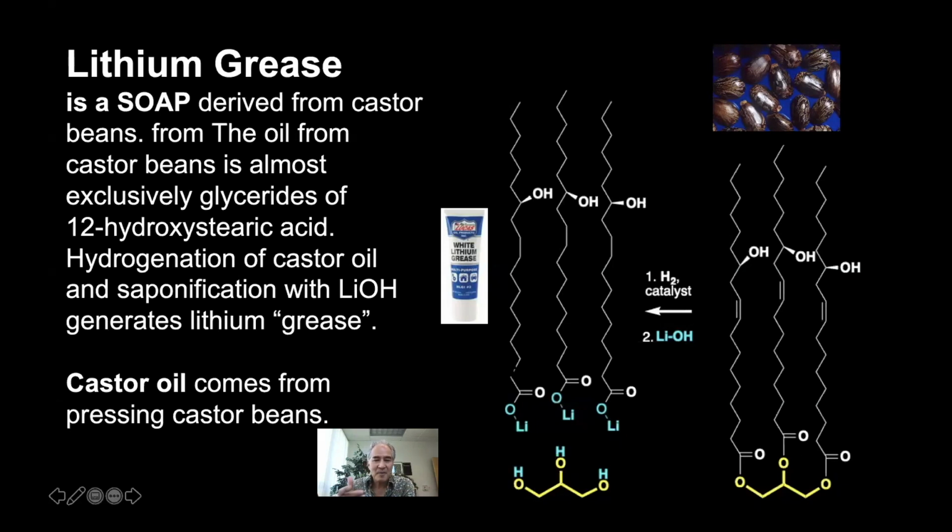But unlike soap molecules in the white bar of Ivory soap you use to wash your hands, instead of sodium carboxylates, they're lithium carboxylates. And it's this hydroxystearic acid, the lithium salt, that you buy as white lithium grease. It's actually lithium soap. Really interesting that substituting sodium for lithium makes this much more greasy and less soapy.